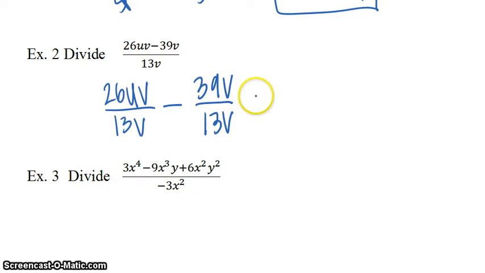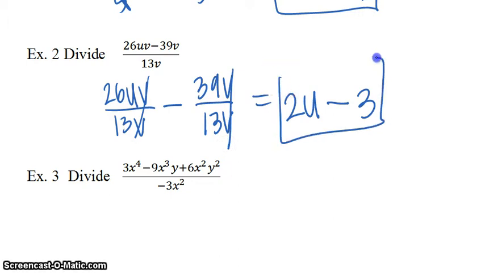You can think of it as 2 over 1, but is the u going to stay at the top? It's u over 1, so u stays at the top with the 2. And then v and v cancel each other out, so you're going to have nothing at the bottom. Minus, now 39 divided by 13 is 3, and v divided by v cancels out to 1.